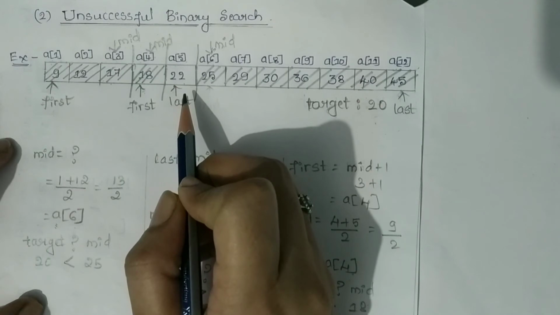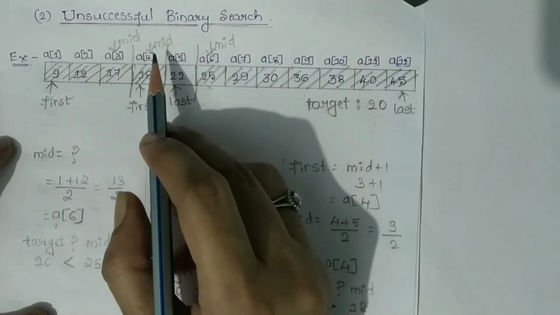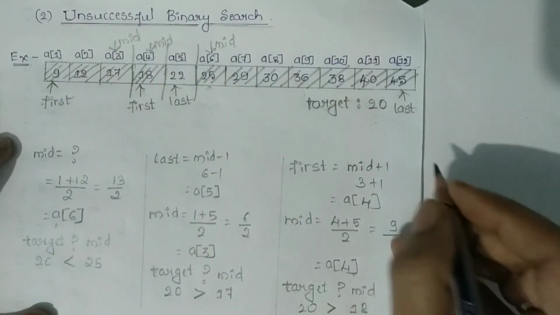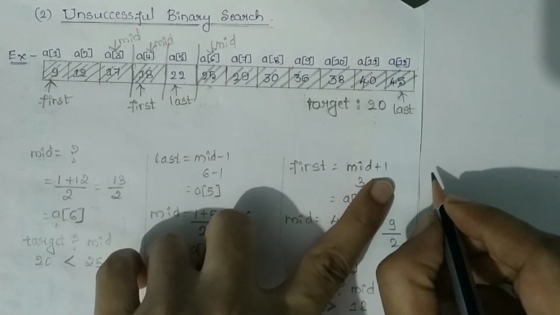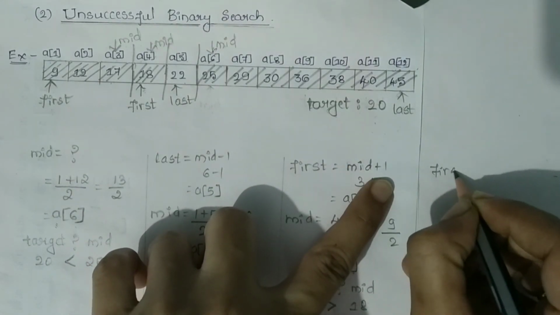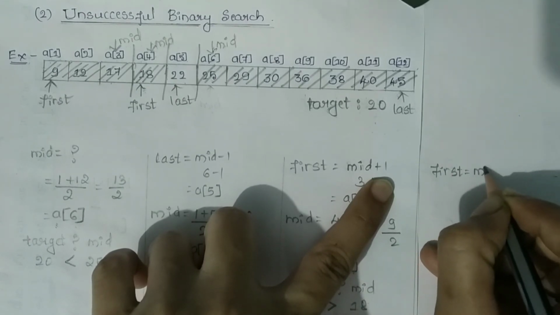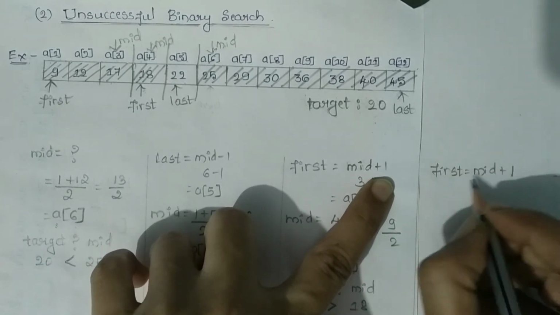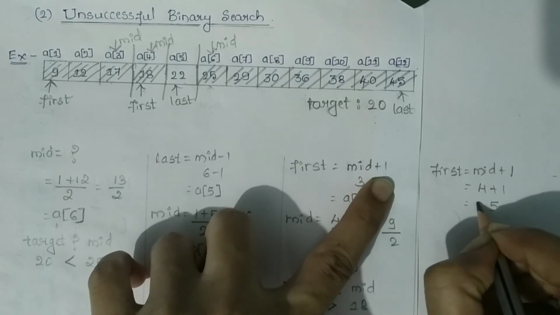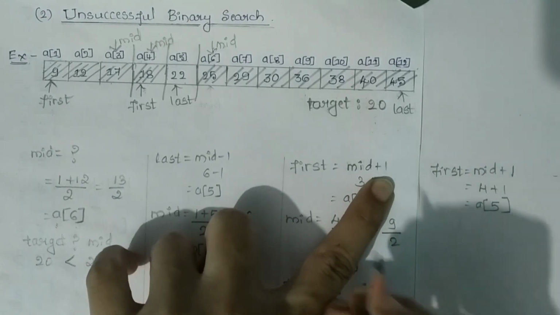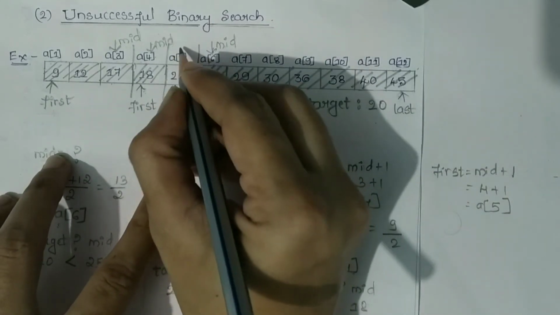One element remains. Now assign first equals mid plus 1. That is 4 plus 1 is 5. Array of 5.